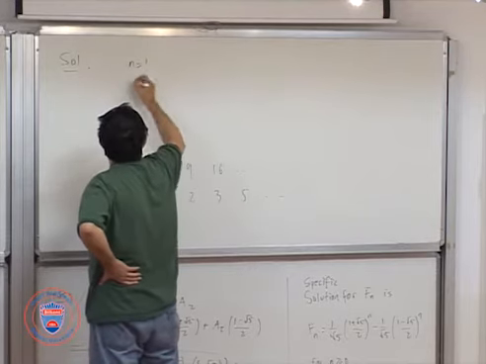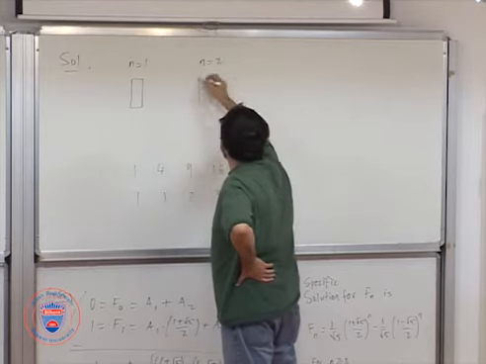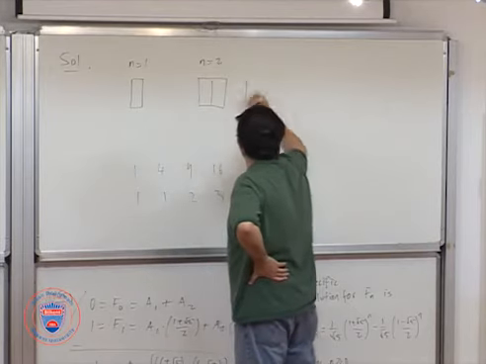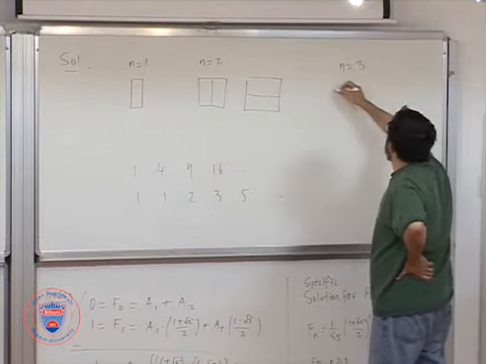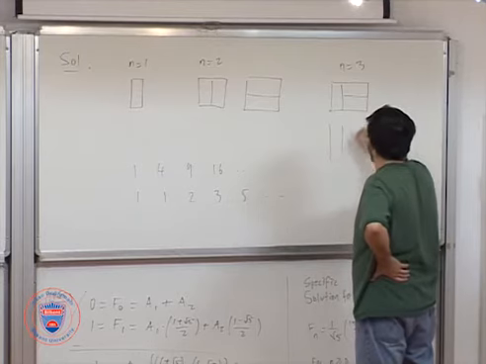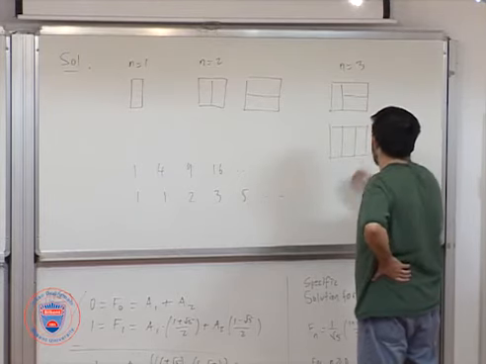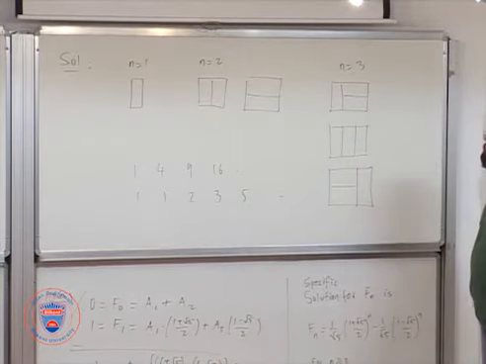So for n equals 1, this is the only way. For n equals 2, you have two choices. For n equals 3, you have this. You can do this. So you have three choices.